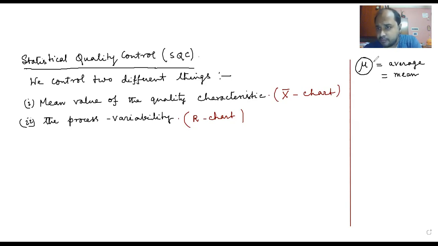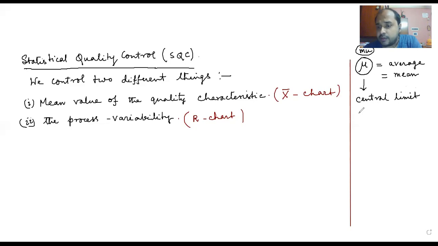So if mu, and this notation which I have written over here is called mu, it is the Greek letter. If mu is the average or mean, then this is actually termed as the central limit. You already know it. And with respect to mu, we can define two other values within which the mu will lie.